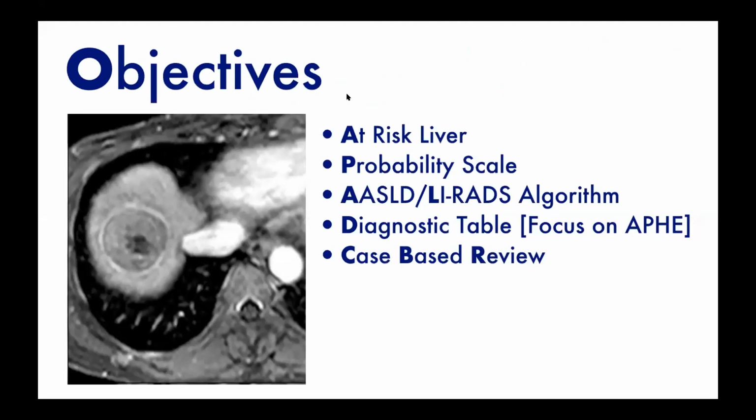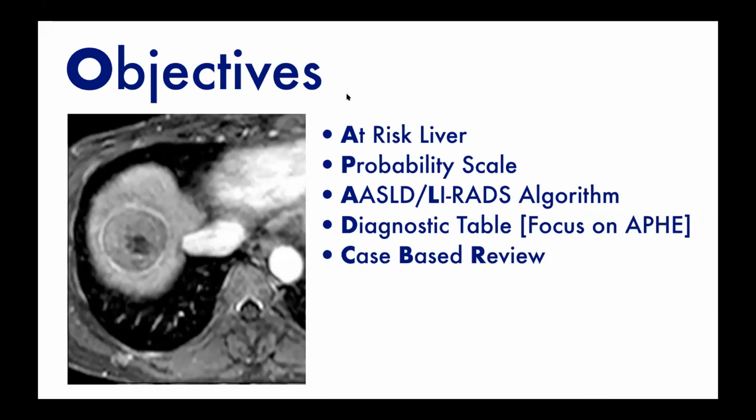What I'll try to do is break it down into about 5 parts. What exactly defines where you can use LIRADS, that is the definition of an at-risk liver. Explain what exactly LIRADS is. It's a guideline, it's not an absolute. Nothing in imaging or in medicine is an absolute.